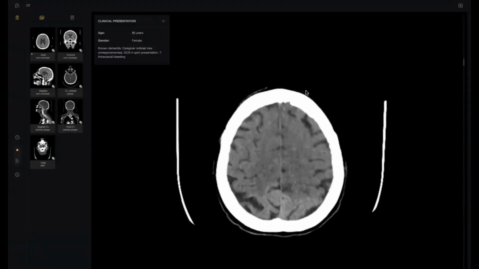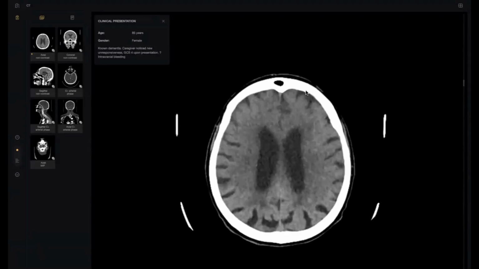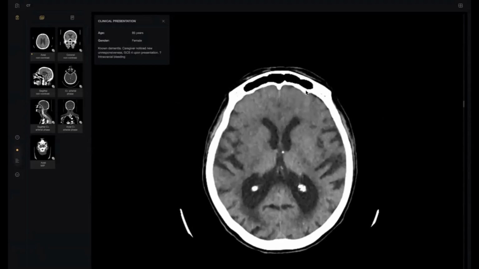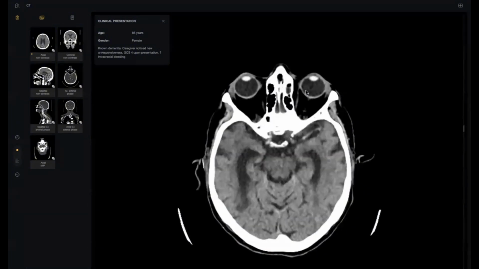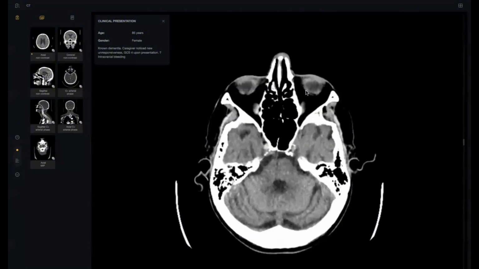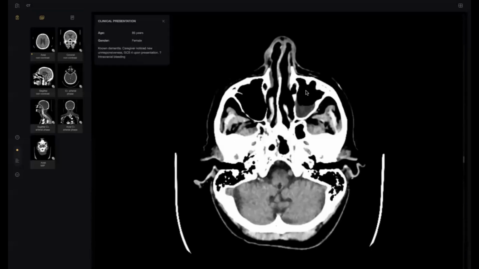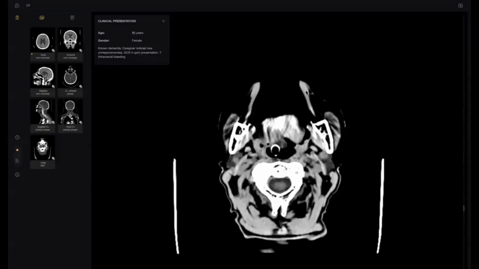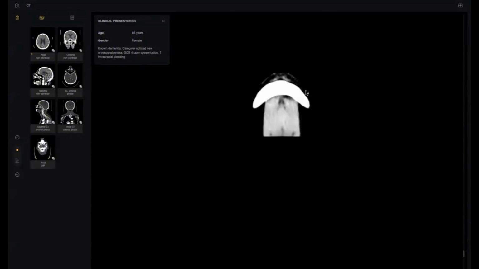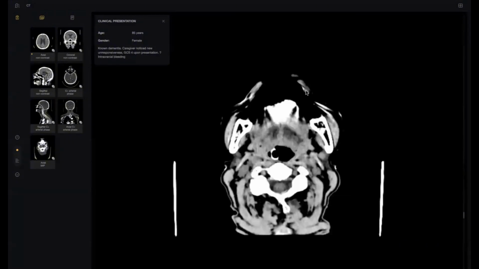Okay, so I'm presented with axial CT brain cuts without contrast for an 85-year-old female presented with low Glasgow scale. I will check my sequences from up to bottom, and then I will give my comment. I can see that the patient is intubated.